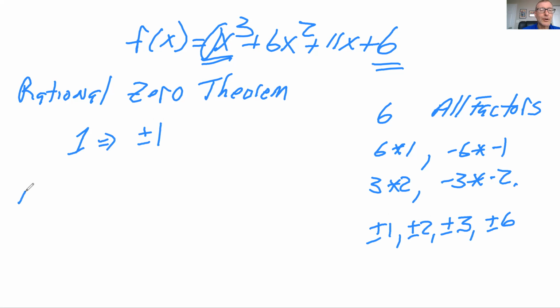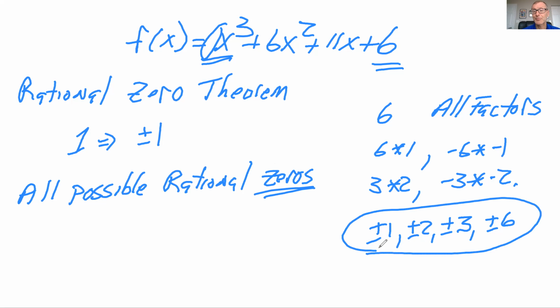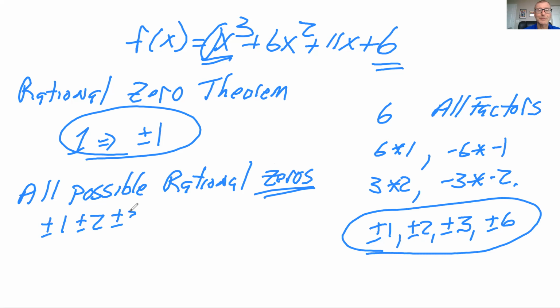So all the possible rational zeros, and these are real numbers that can be written as a fraction, or x-intercepts is what we mean by zeros. It's the ratio of this goes in the numerator and this one goes into the denominator. So it'd be plus or minus 1, plus or minus 2, plus or minus 3, plus or minus 6, all divided by plus or minus 1.